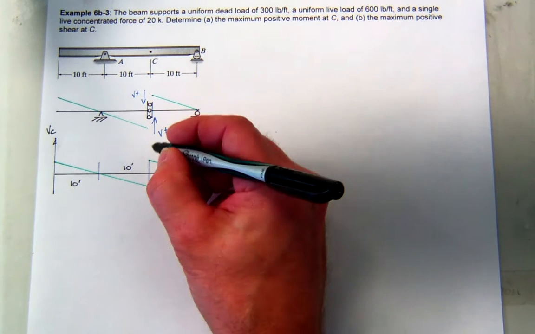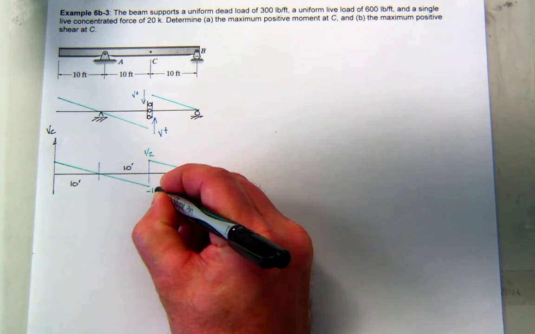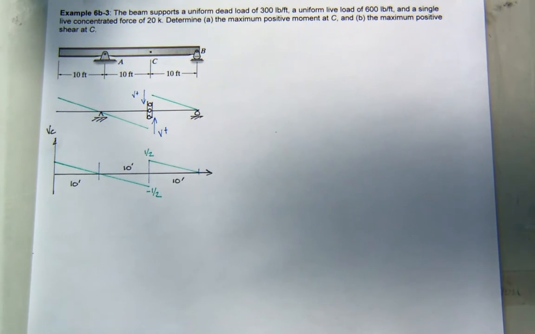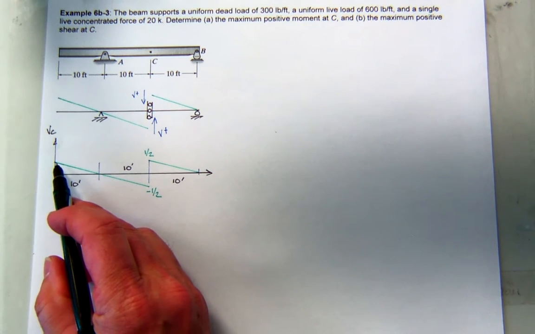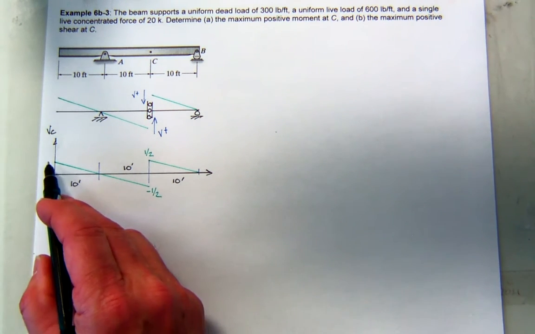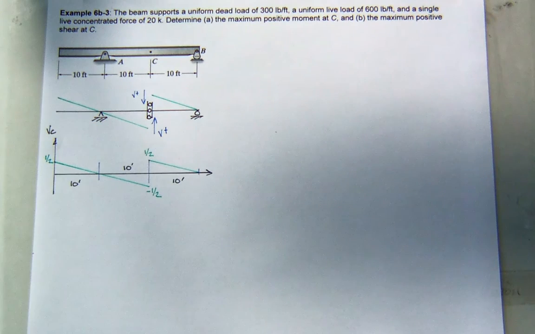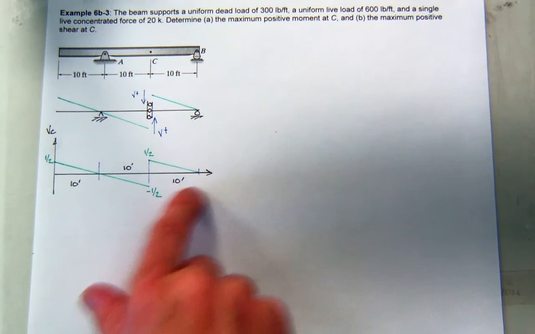That means this is going to be 1/2 and this is going to be -1/2. And now what's this value going to be? Well, 10 is to 1/2 as 10 is to 1/2. And there, done. And this doesn't have any unit. These are dimensionless values.